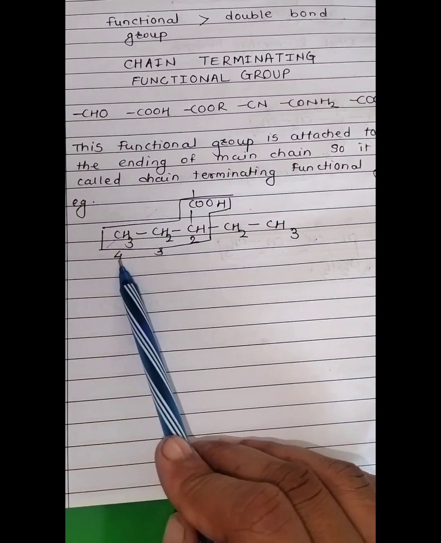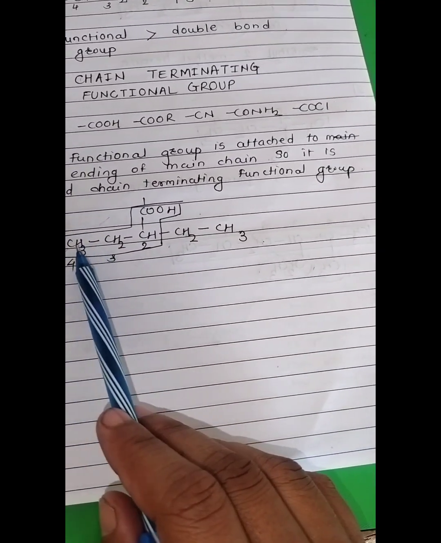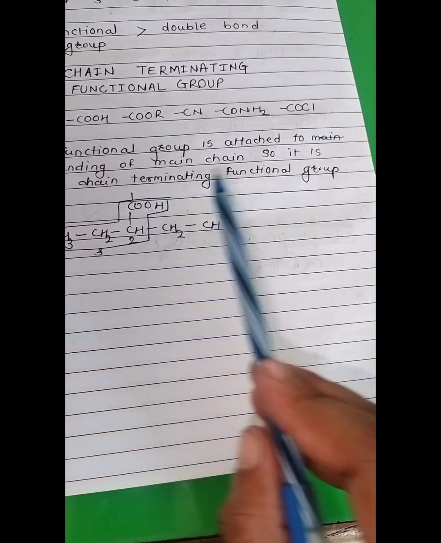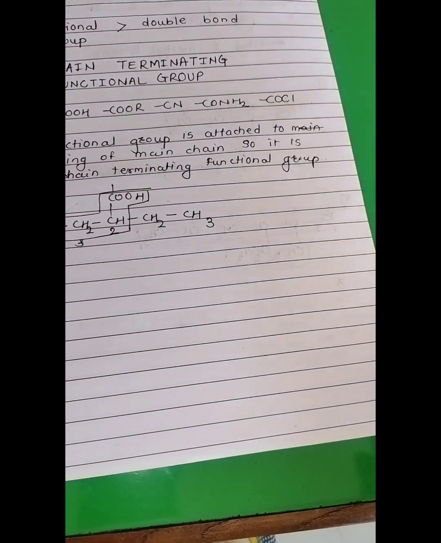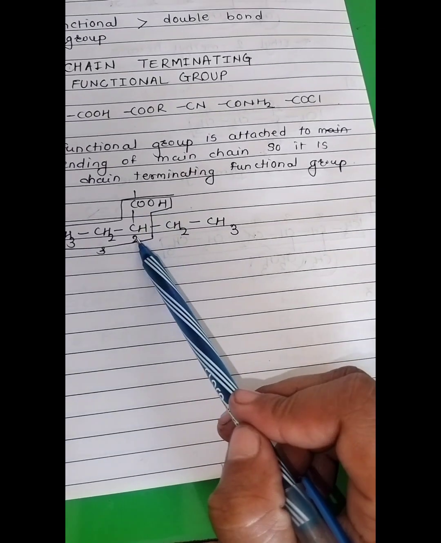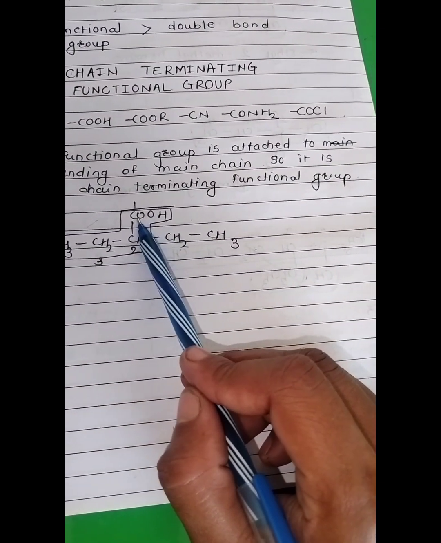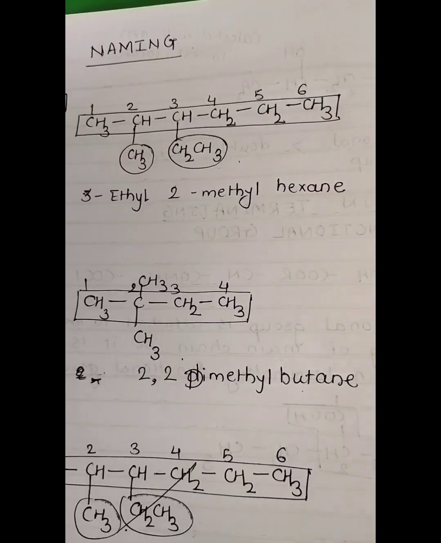For example, in this example, CH3 CH2 CH CH2 CH3, and here the COOH carboxylic acid functional group is attached to the second carbon atom. So this is called a chain terminating functional group.